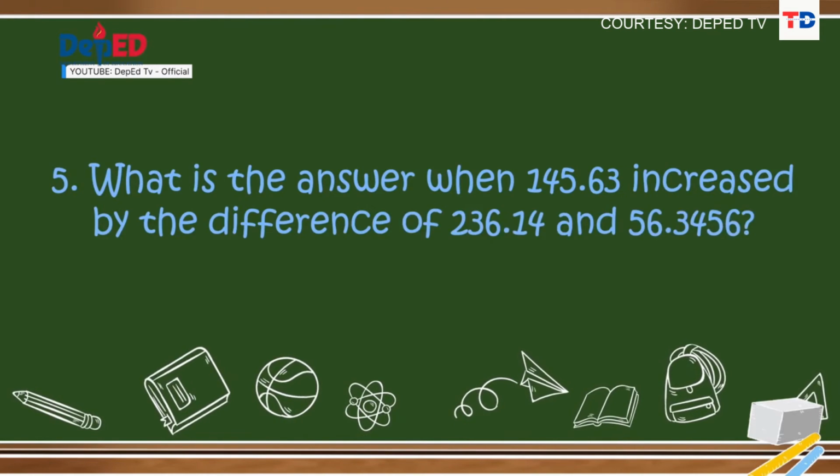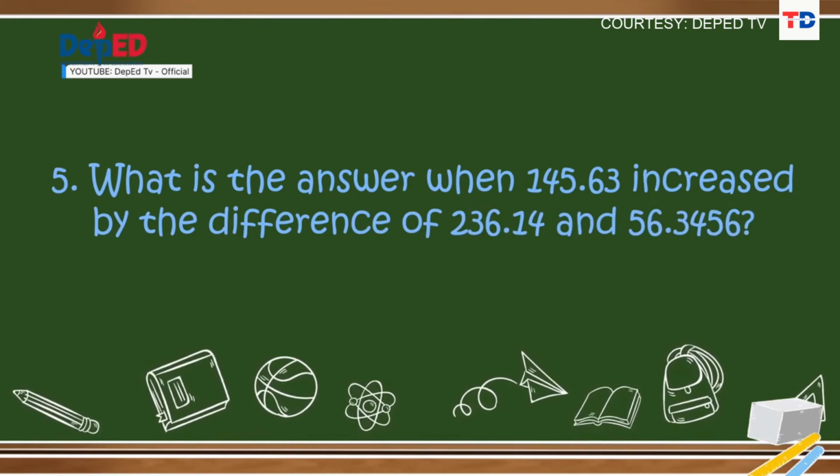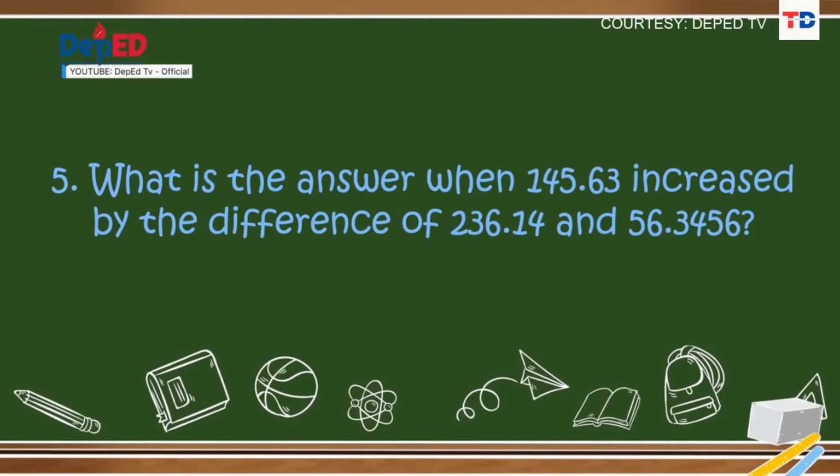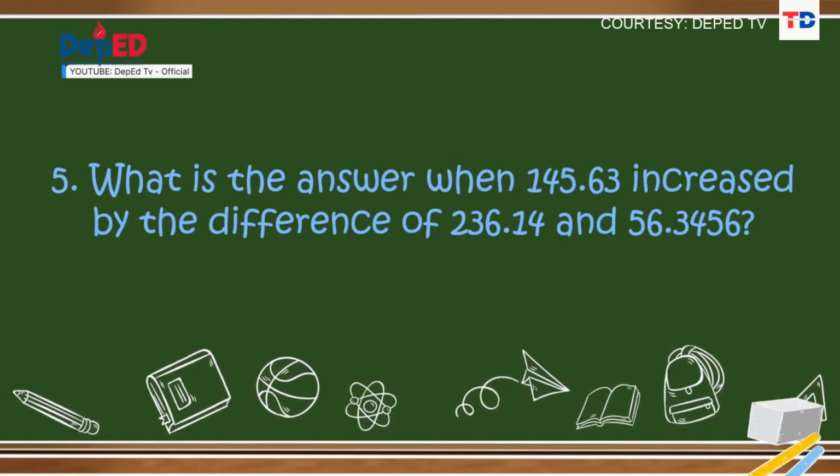And number 5. What is the answer when 145 and 63 hundredths is increased by the difference of 236 and 14 hundredths and 56 and 3,456 ten-thousandths?